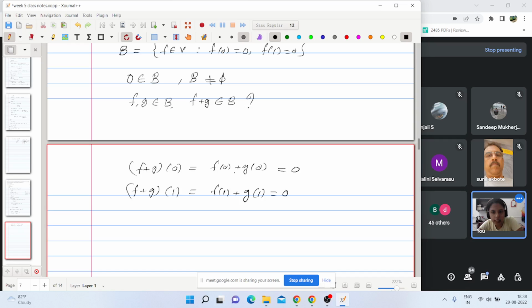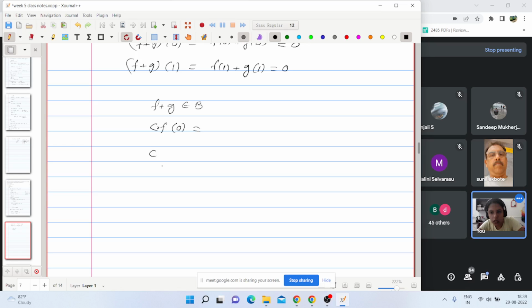Now what about cf? We need to say cf of 0 should be equal to 0 and cf of 1 should be equal to 0. This is clear because this is c into f of 0, which is equal to c0, equal to 0. This is c into f of 1.